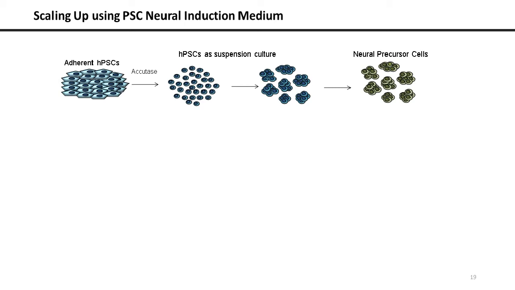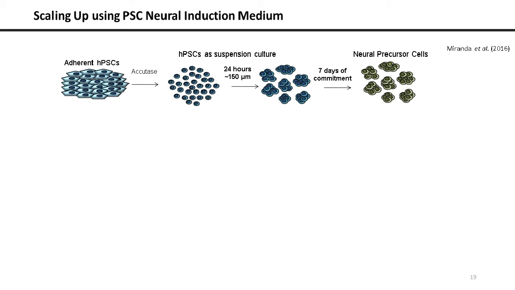But there's only one small thing about this, which is that the initial diameter of the pluripotent stem cell aggregates will be crucial towards the efficiency of derivation, especially for the neural induction. So we have previously determined that the optimal condition to induce cells towards the neural lineage was to use pluripotent stem cell aggregates with an average diameter of 150 micrometers.